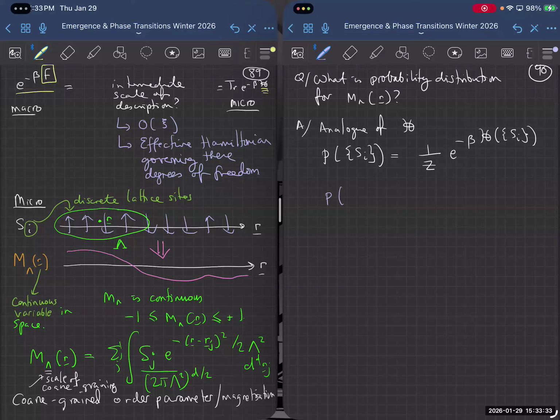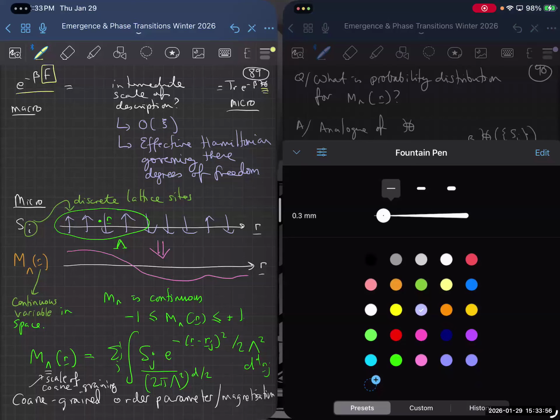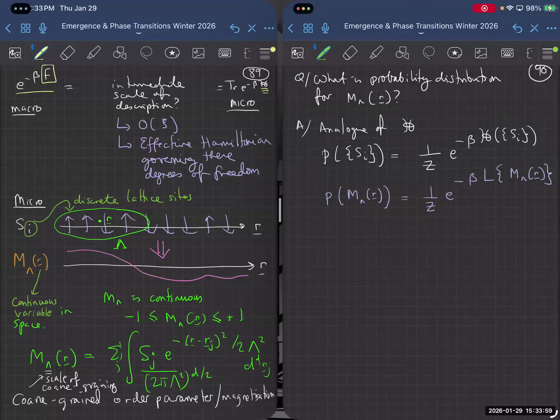So now we have an intermediate level of description. I have a function m lambda of r, and I want to know what it satisfies. The answer is it's going to be e to the minus beta times something, which is a function of m lambda of r. And our question is, how do we construct this object?